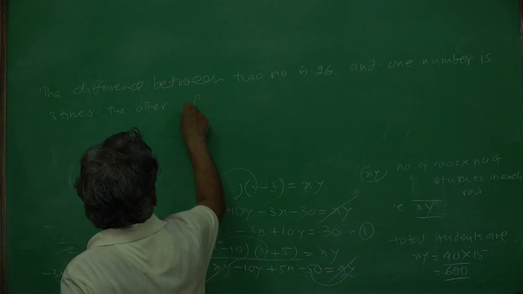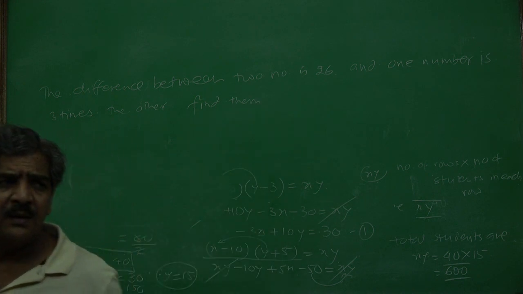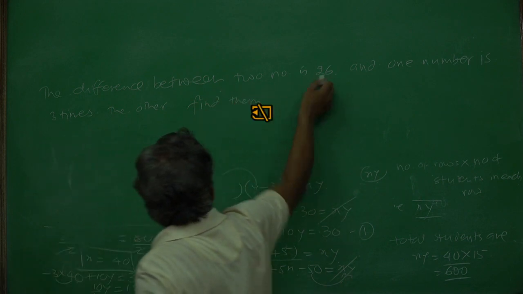Find them. एकदम simple example है. You can solve. Okay. The difference between two numbers is 26.